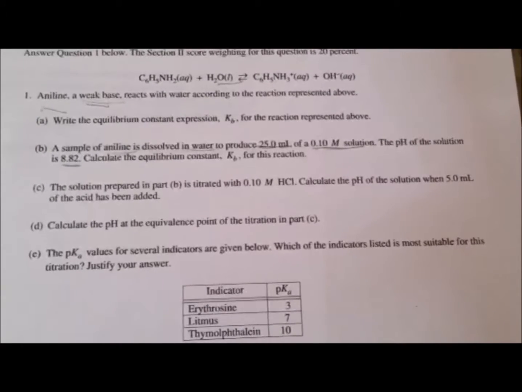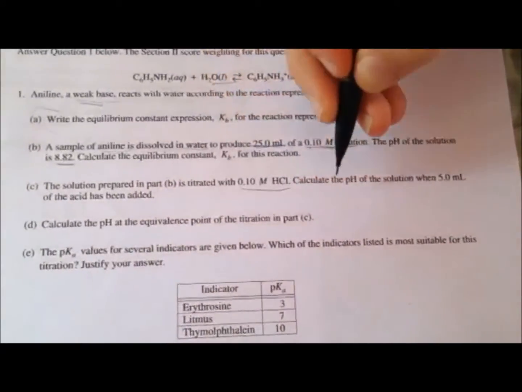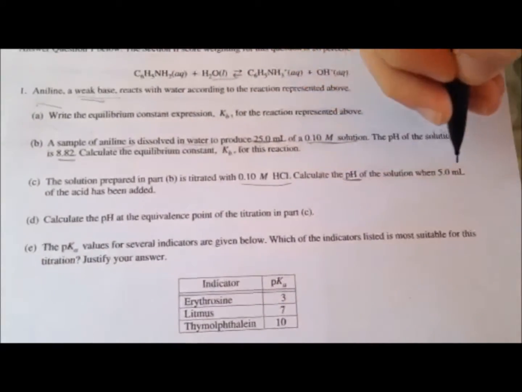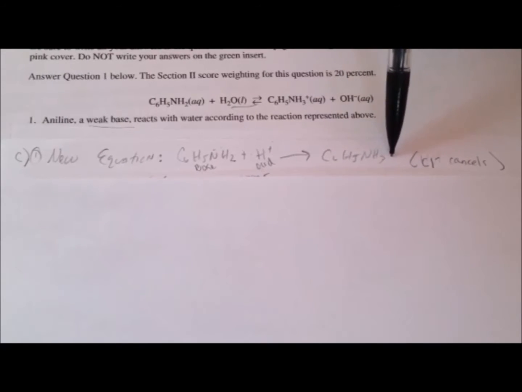Part C. The solution prepared in Part B is titrated with 0.1 molar HCl. Calculate the pH of the solution when 5 milliliters of the acid has been added. So our new equation is C6H5NH2, our base, plus the acid H+, yields C6H5NH3+, and Cl is not in our overall equation because it cancels out and is a spectator ion. Our first step is to convert everything into moles.